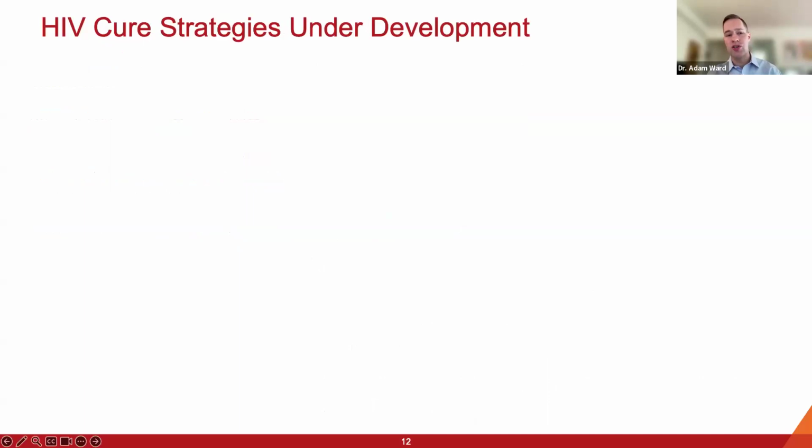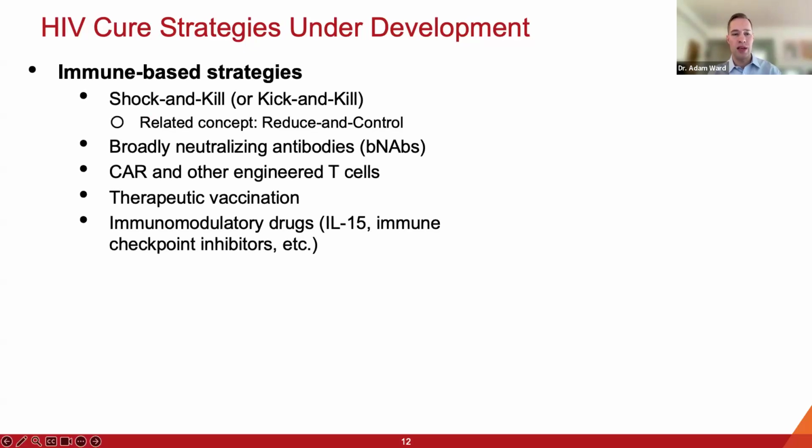So I next want to touch on some cure strategies under development. This is not going to be a comprehensive list, and I'm not going to go into the details of these specific strategies, but I'm happy to discuss them further during the Q&A. The first include immune-based strategies. This can include shock and kill, or what's also called kick and kill by folks on the West Coast, and a related concept of reduce and control.